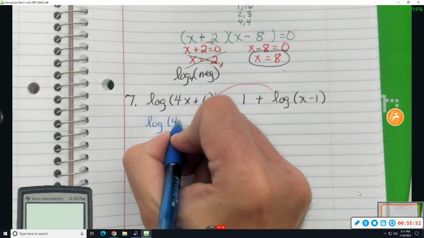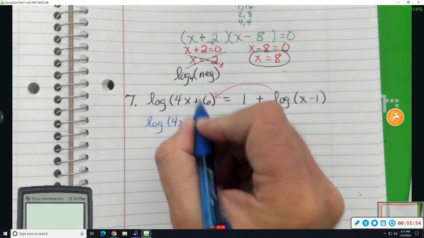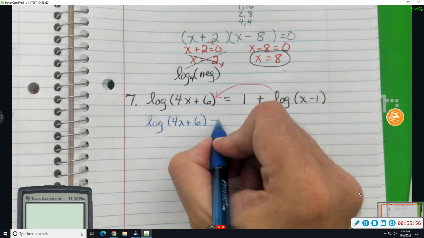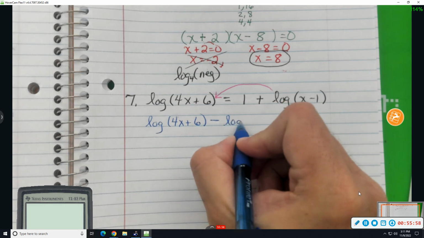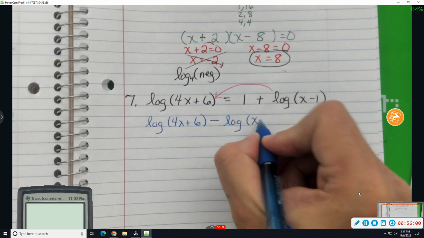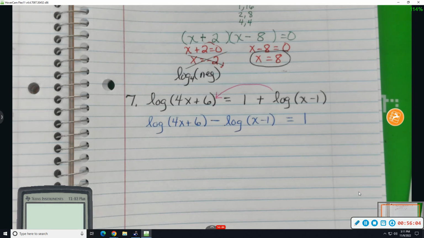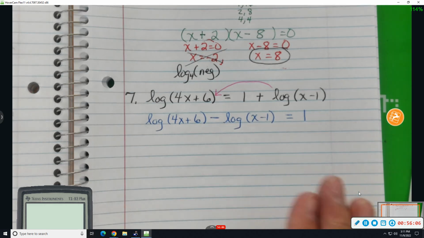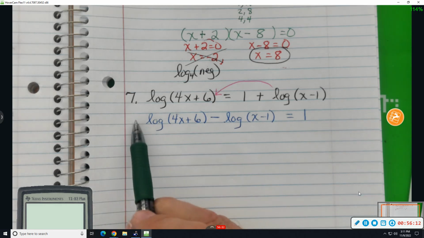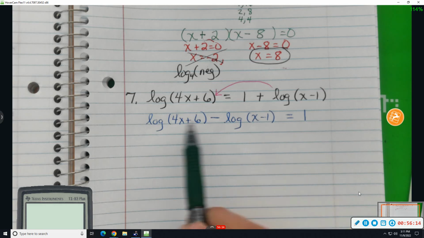Log 4x plus 6, then a minus log x minus 1 equals 1. So you put the two logarithms on the left, and then we're going to do that condensing stuff over here.